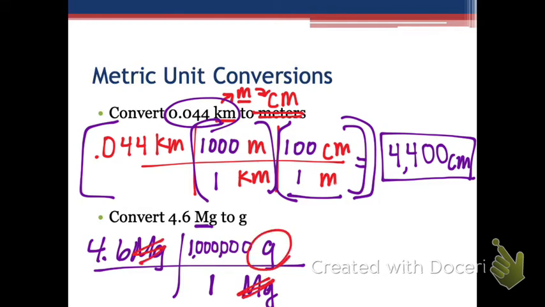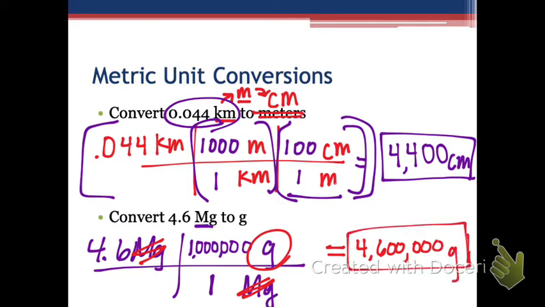I'm left with grams. Can I stop my chart right there? Yeah, all I have to do is do the math, right? I just need to multiply. So I take 4.6 times 1,000,000, gives me 4.6 million grams. Okay. Now, what questions do we have about those ones?